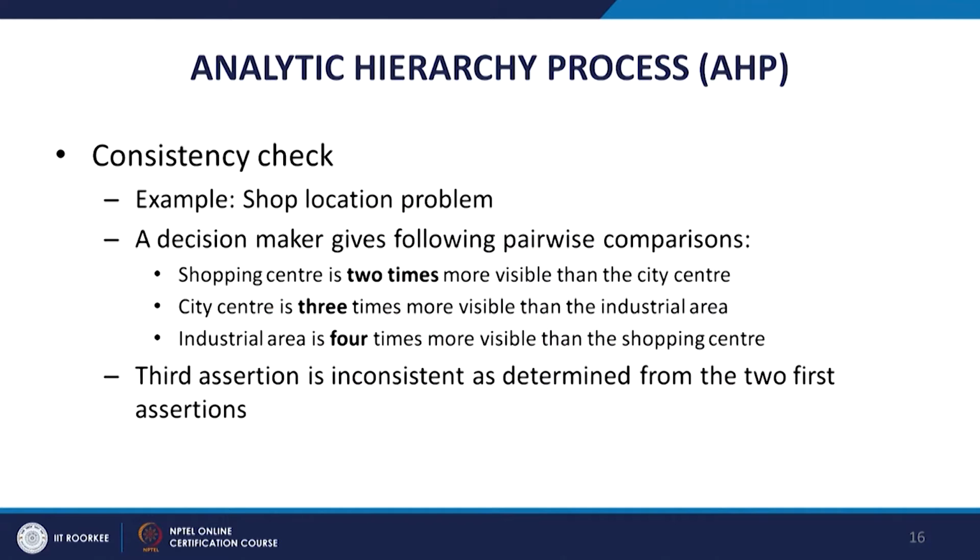Visibility is the criterion with respect to which we are asking for pairwise comparisons. First, the shopping center is 2 times more visible than the city center, then the city center is 3 times more visible than the industrial area, then the industrial area is 4 times more visible than the shopping center.